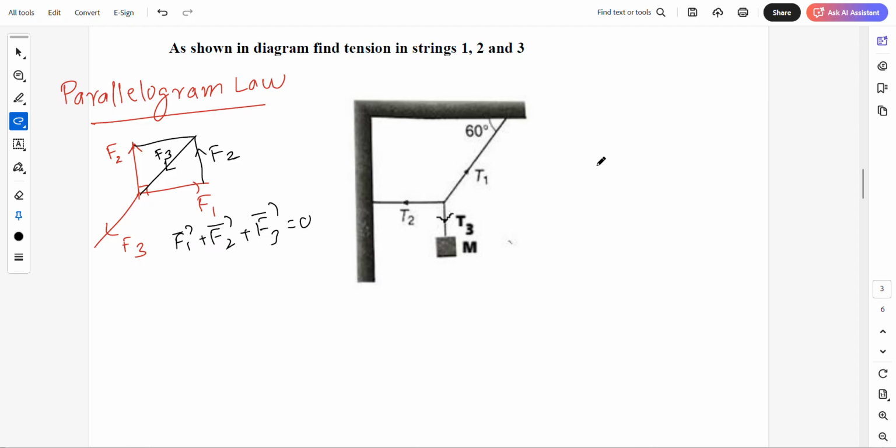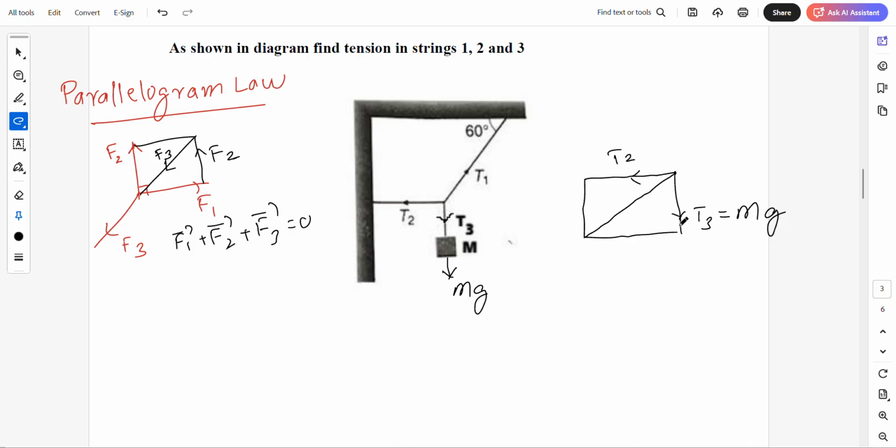Similarly, I can write the parallelogram like this. Now this is T2, this is T3. T3 is how much? Weight is mg, capital Mg. And where T1 will be, complete the parallelogram.